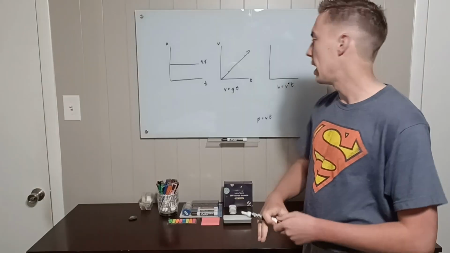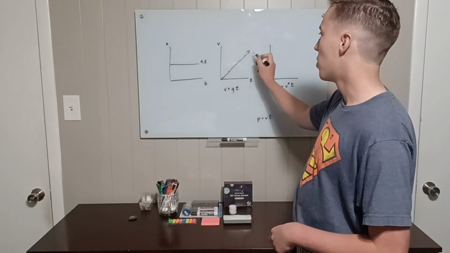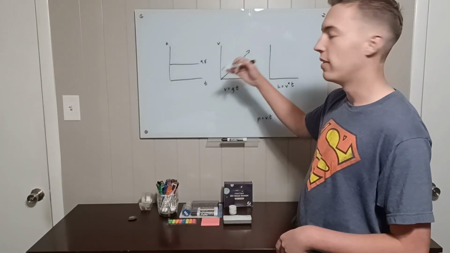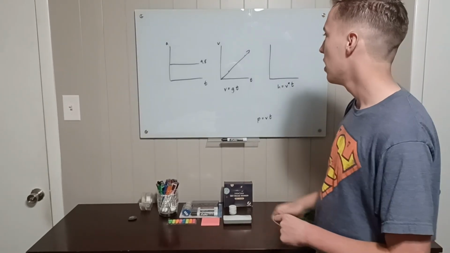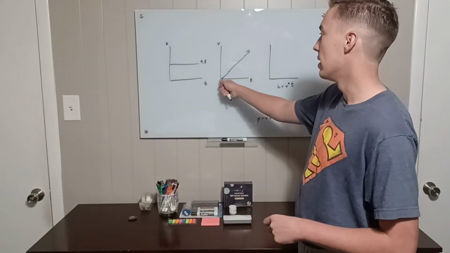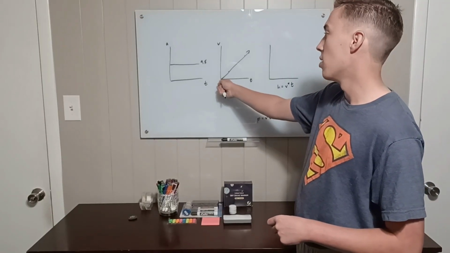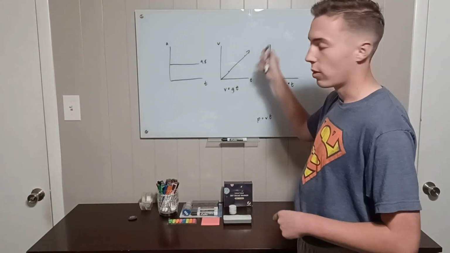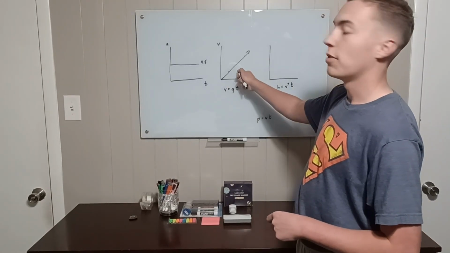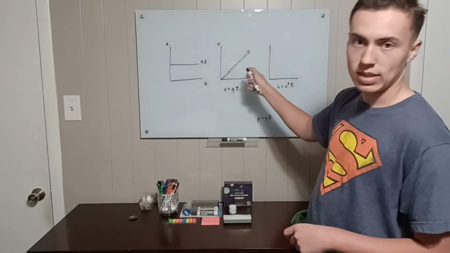Because we're just looking at velocity at different points. After 1 second, we know that it's moving at 9.8 meters per second. Well, we would have to do the same thing and take the average between its initial point, which is 0 meters per second, and its final point, which after 1 second, that'd be 9.8. After 2 seconds, it'd be 19.6.